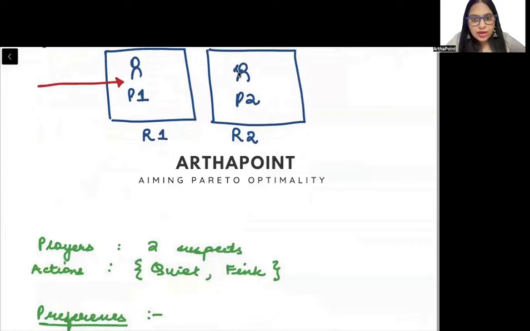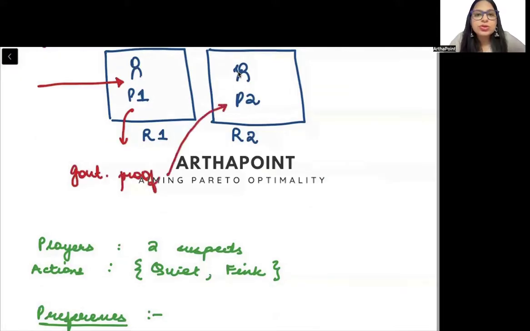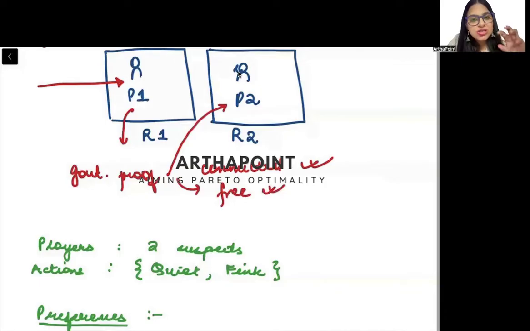I am saying to prisoner 1 that look, if you go ahead and act like a government proof to me, meaning you need to tell that you committed the crime. Just accept that you committed the crime. Then I will ensure that you don't get any year of jail. I will set you free. You just go ahead and accept everything. You commit everything and I will put prisoner 2 to jail for it.